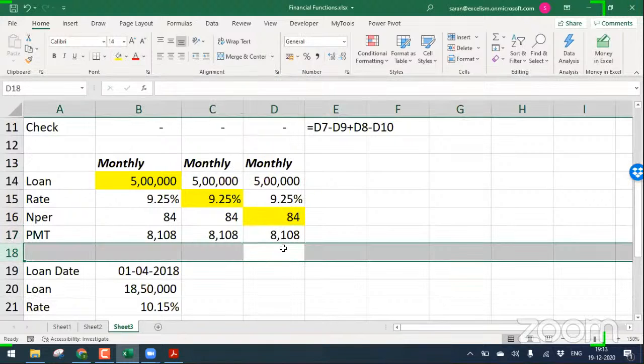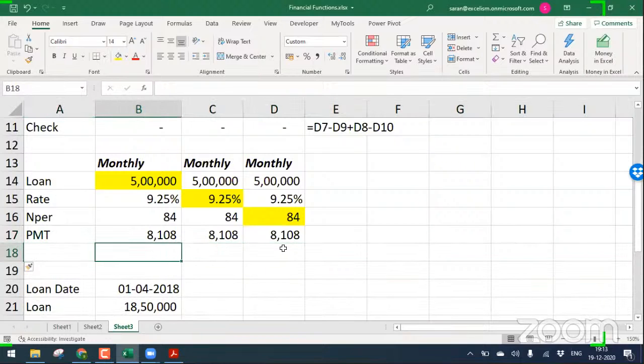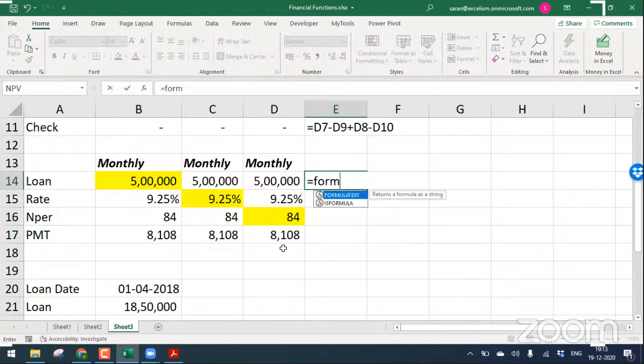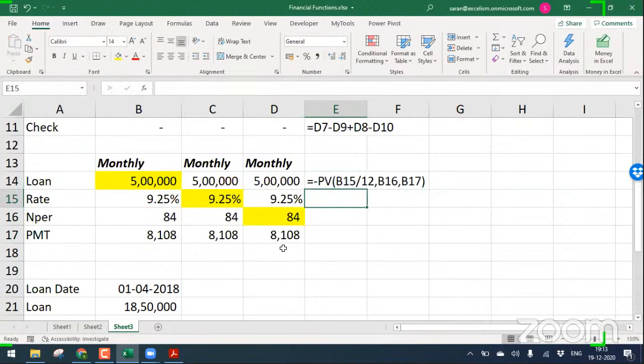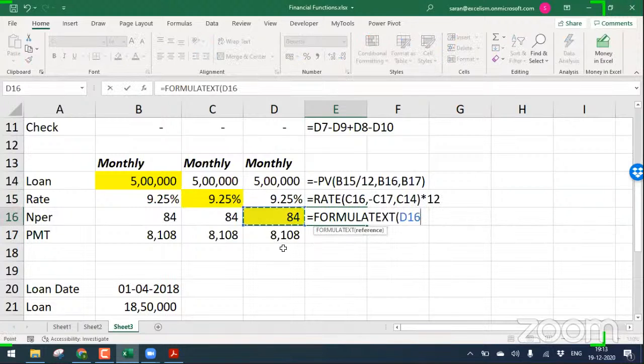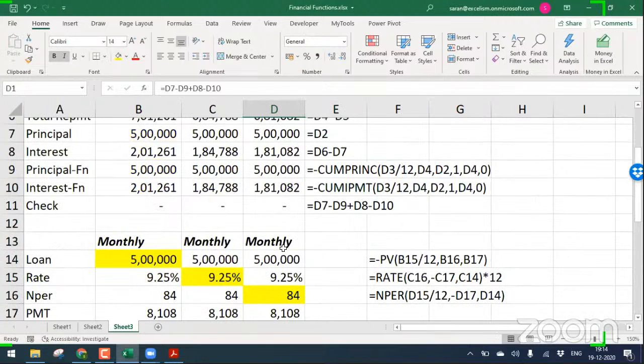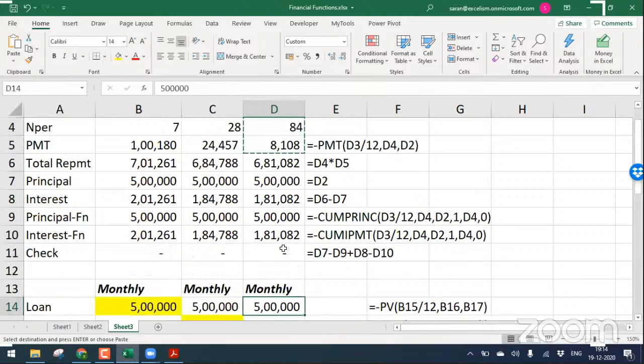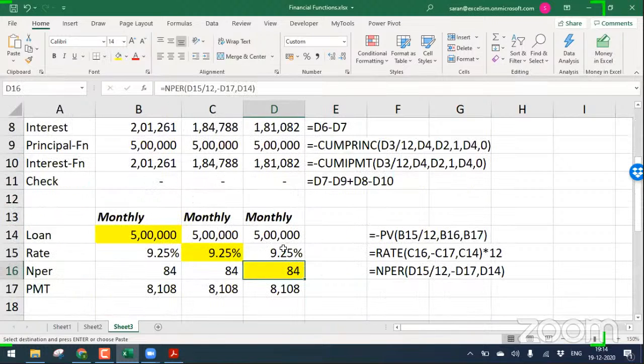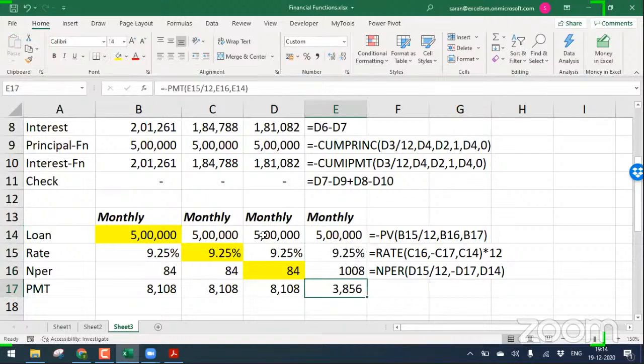So again, let me, don't worry, I'll do that. In this case, I've written a formula to calculate rate. In this case, I've written a formula for this one. Anyway, I'm covering all three. Just for the example's sake, this is the fourth one. Copy this and paste here. If this is missing, you have a function called PMT.